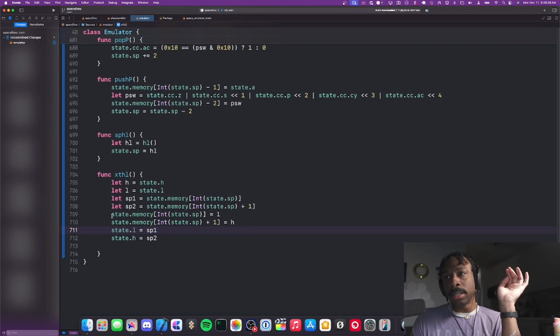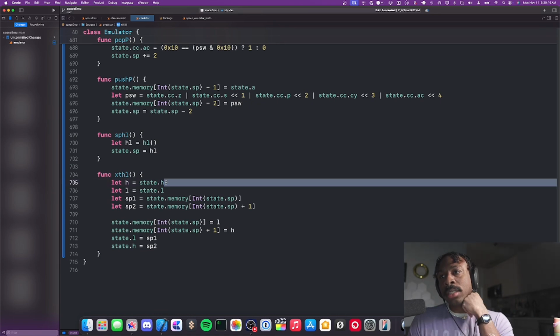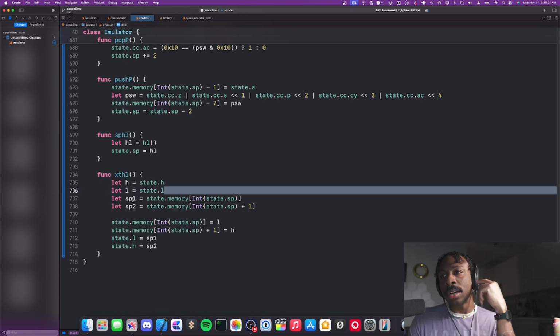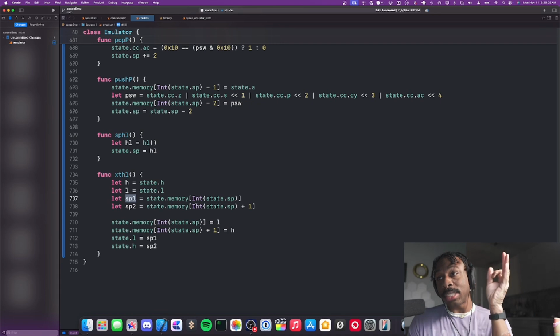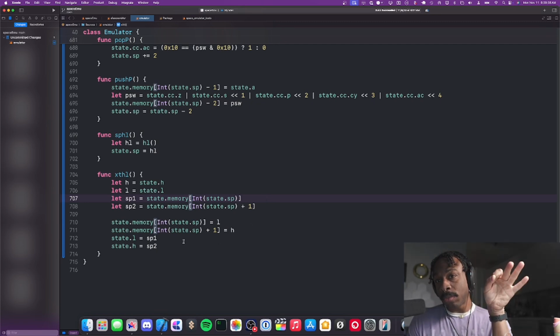Here's what we're doing. Up here, we're setting a local variable h to the content of H, local variable L to the content of L, creating a local variable sp1 for the stack pointer value set to the value of what's in memory at the stack pointer, and then sp2 to 1 above the stack pointer. Follow me?